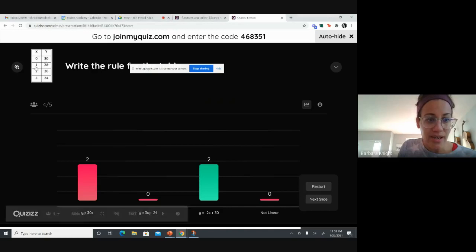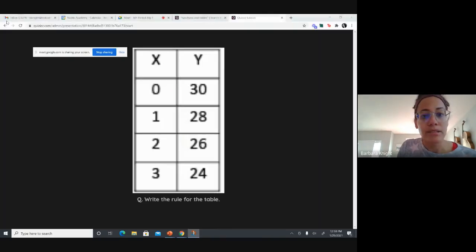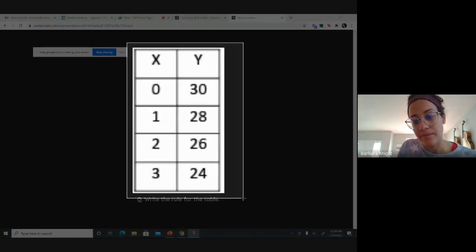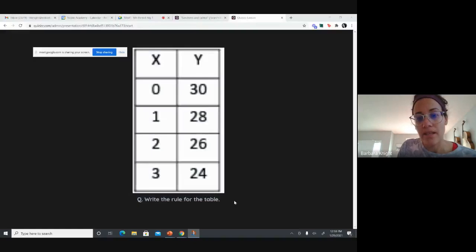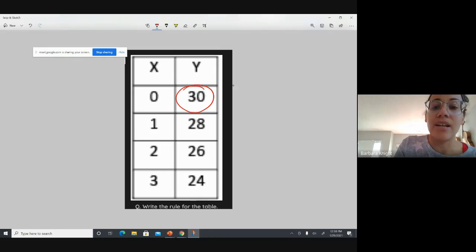So let's do this one together. I think what's going on is you're looking at this number and attaching that as the m, but that's not where that number goes. You have to put it in the right spot.